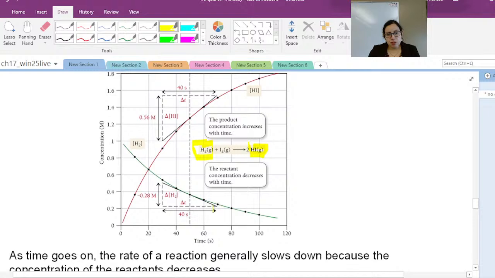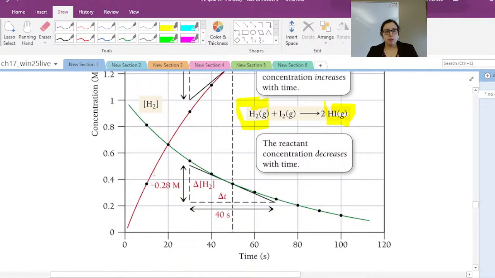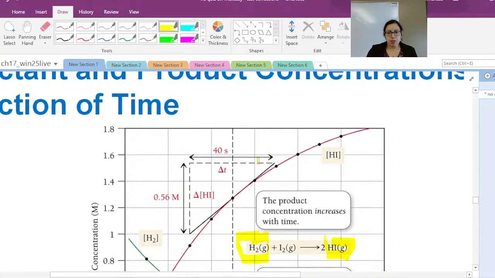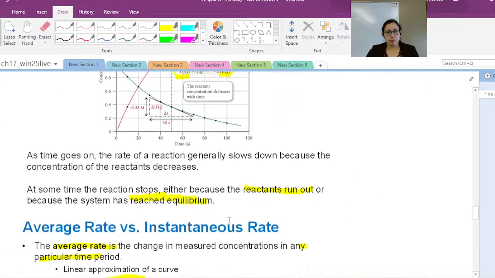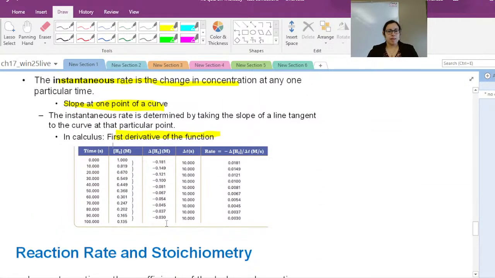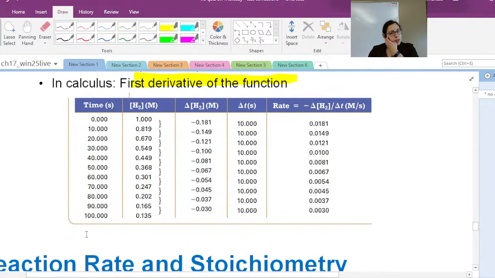That's all that's shown right here, at these 2 points, just measuring our change in concentration over a set time period. Same thing with here. And this is another form of that same data.